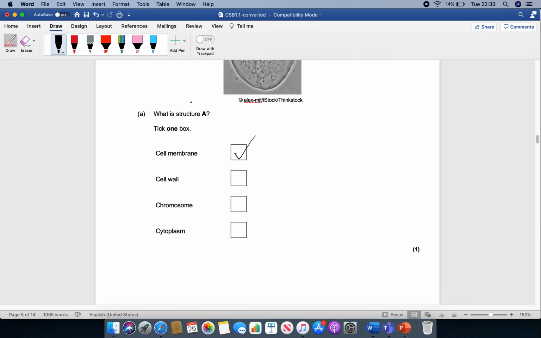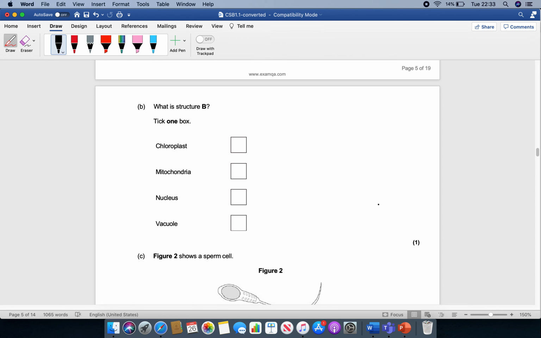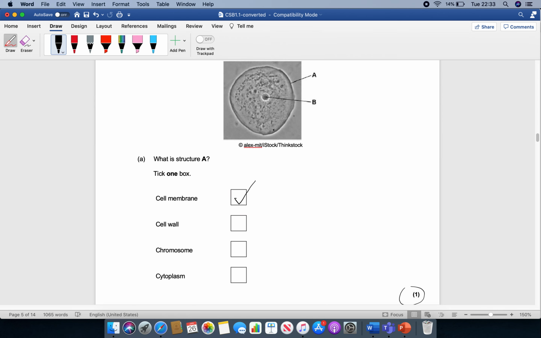Okay, so next question. What is structure B? So let's scroll up. Structure B is pointing to a small ball inside the cell, and we know by looking at our options that it's going to be the nucleus, and that will give you 1 mark.